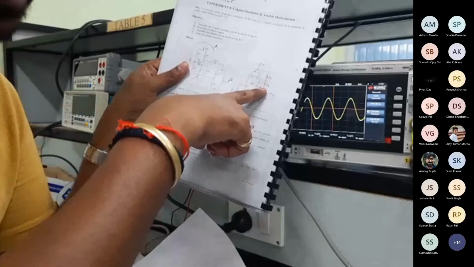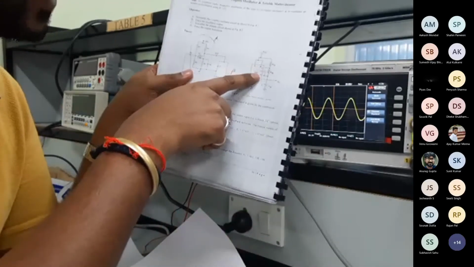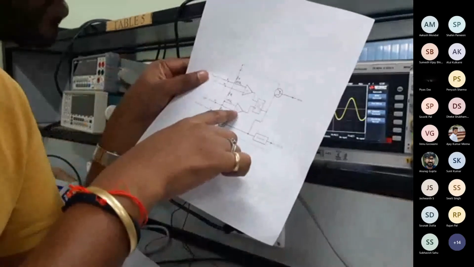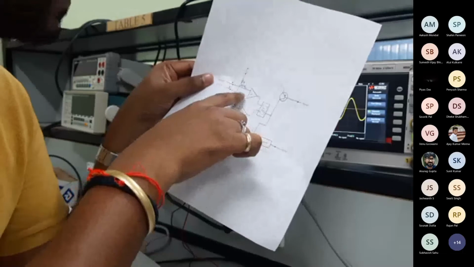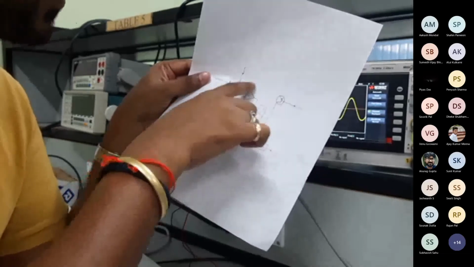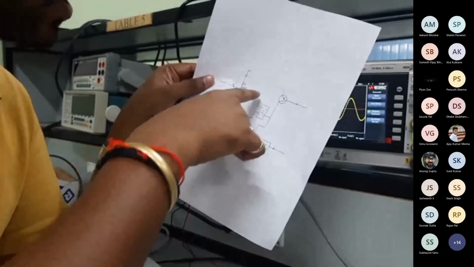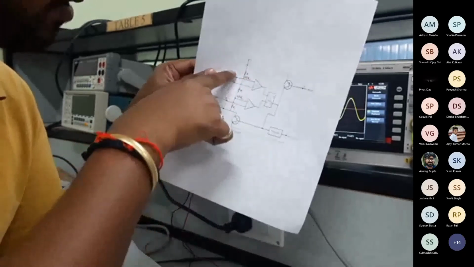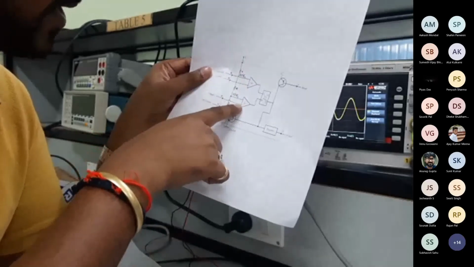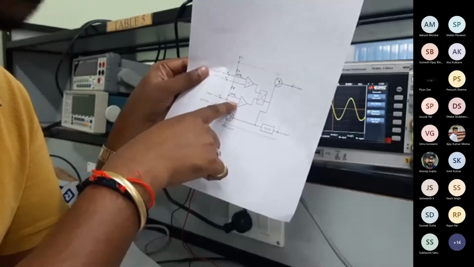Again, you see pin number 2 is connected to pin 6. What is happening here? Pin number 2 is the non-inverting input of the lower comparator, and pin number 6 is the inverting input, that is the reference voltage of the upper comparator. Both are shorted. That means 2/3 VCC will appear at pin number 2.